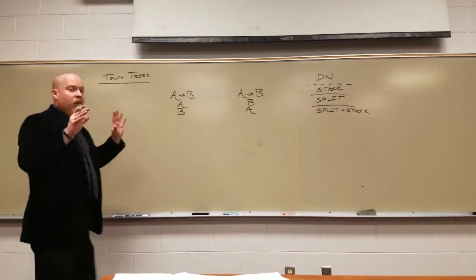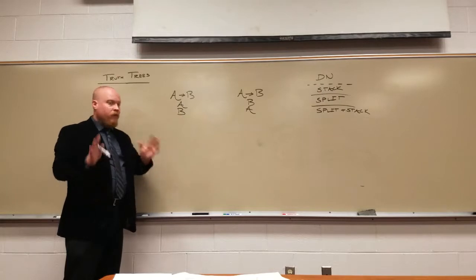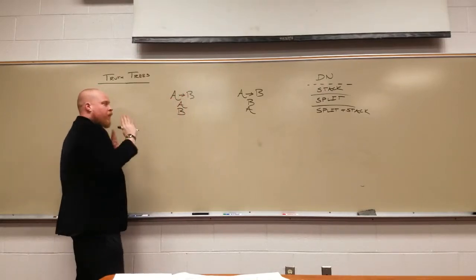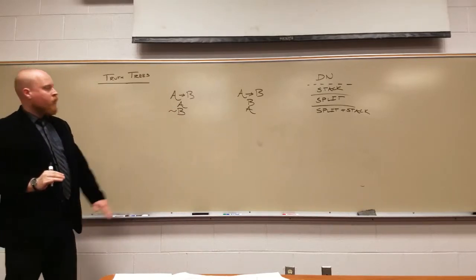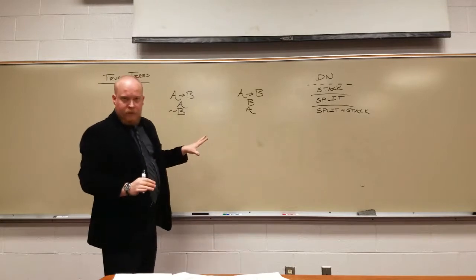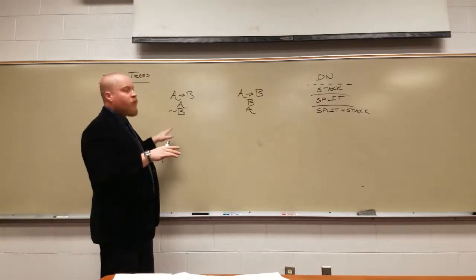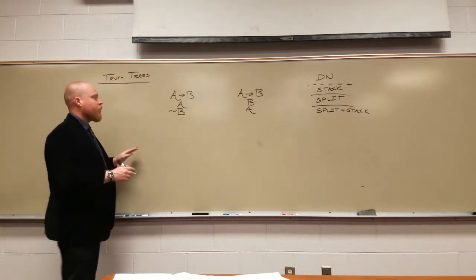A truth tree is kind of like a truth table mixed with an indirect proof. So here's how you start. To start a tree, write your premises, write your conclusion at the bottom. First thing you should do, negate your conclusion. Because what we're trying to do is break everything down and see if in our circuits or our tributaries that we're going to make, everything closes off. So here's what we're going to do.